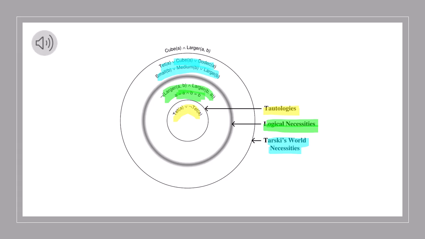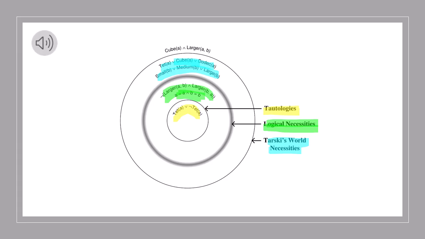And then finally, the sentence up there on the top, cube A and large AB, is an example of something that could possibly be true or possibly be false in Tarski's world. And this was a question from a previous quiz. I think it went along the lines of, is it possible for some sentence to be true in some circumstances and false in other circumstances?